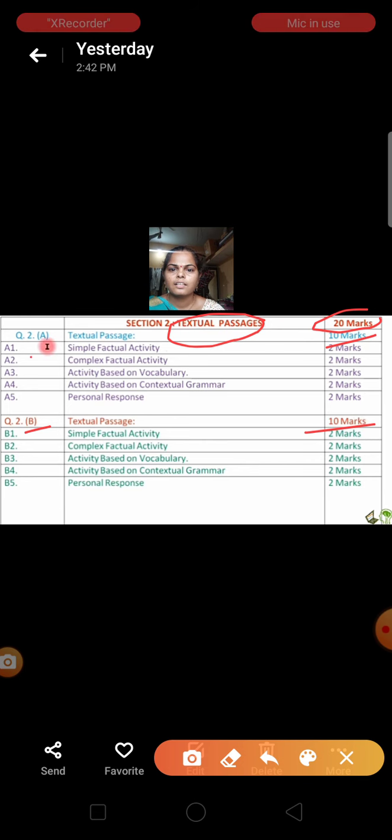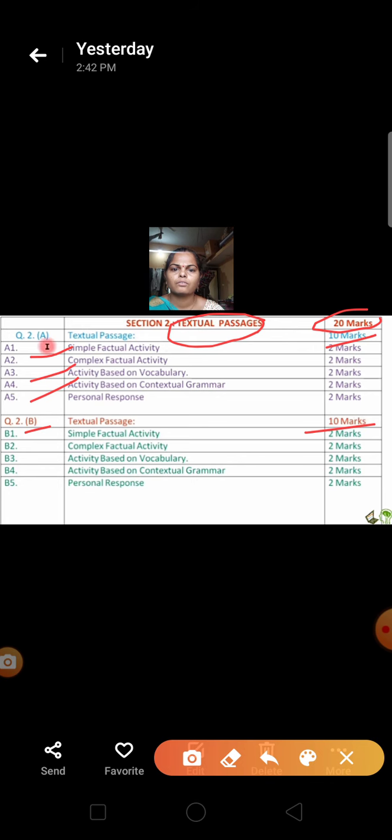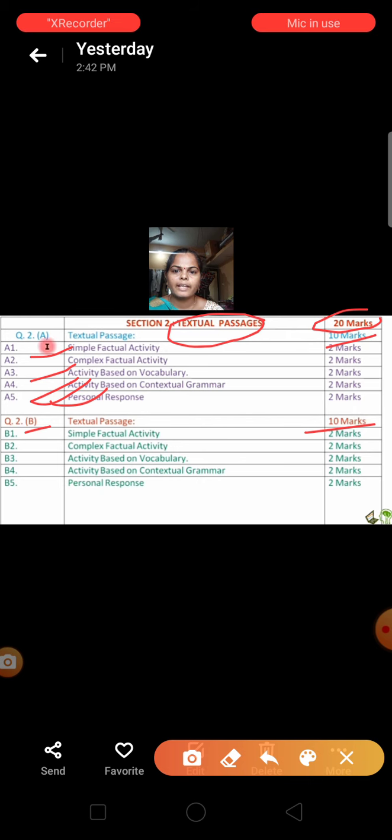First one is simple factual activities for 2 marks, complex factual activities for 2 marks, activity based on vocabulary 2 marks, activity based on contextual grammar 2 marks, personal response 2 marks, and question number 2A and question number 2B are the same, only the passages will be different. Understood? Very simple it is.